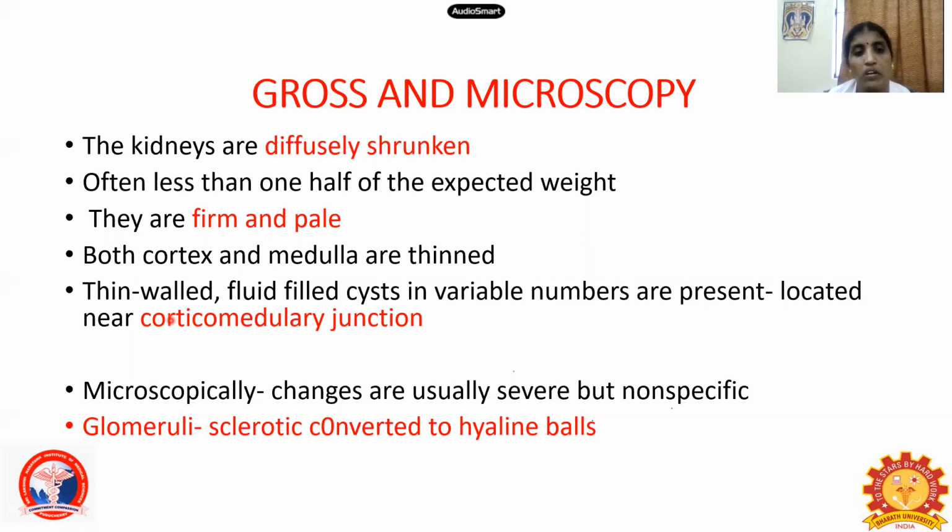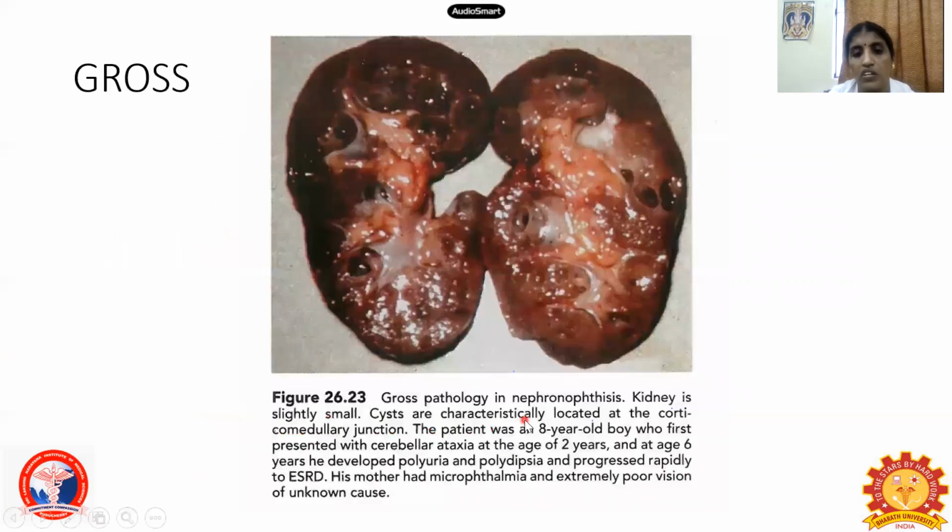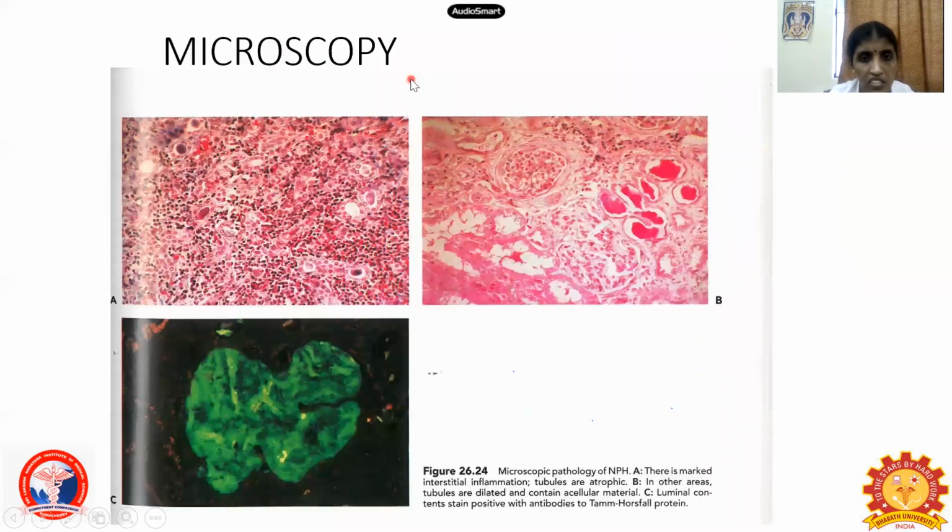Both cortex and medulla are thinned, with thin-walled, fluid-filled cysts at the corticomedullary junction. Here the glomeruli would have been sclerotic and converted into hyaline balls. So this is the gross appearance. You can identify the corticomedullary region. These are the cysts. And histologically, you identify the atrophic tubules and some dilated tubules.